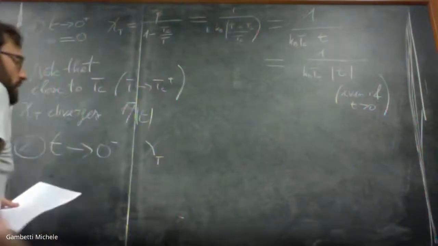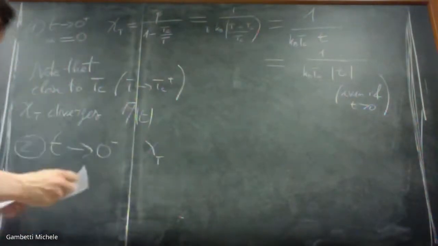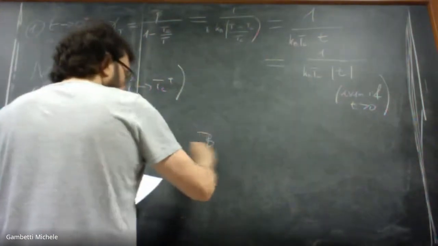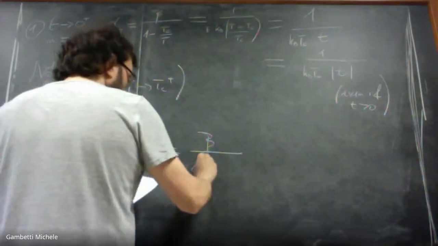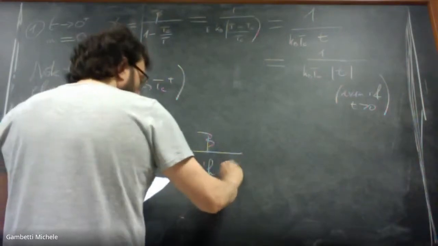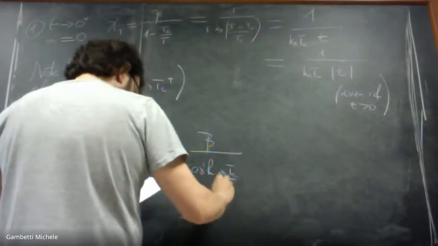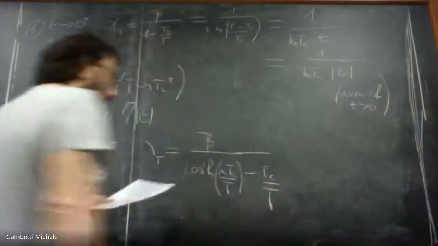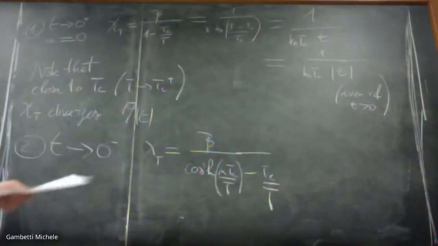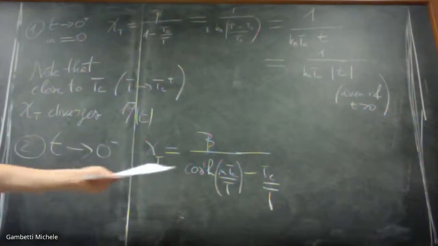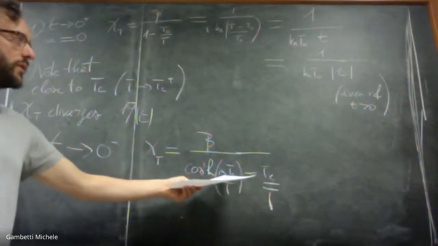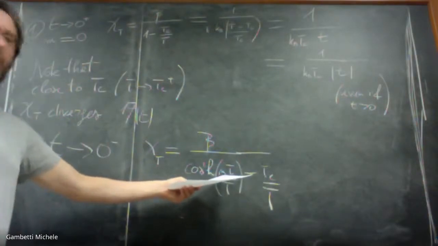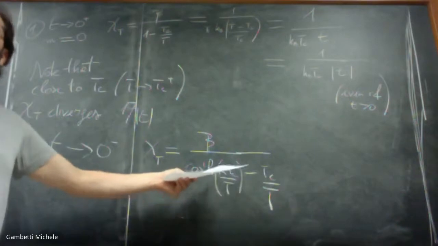Okay, this chi of t, let me write first the formula that we had before. So this chi of t was beta divided by cosh squared of m Tc divided by T, minus Tc divided by T. Now we are approaching 0 from below, where m is of course approaching 0, but it is not identically 0 as in the case above. So I will have to include some more terms in the expansion.